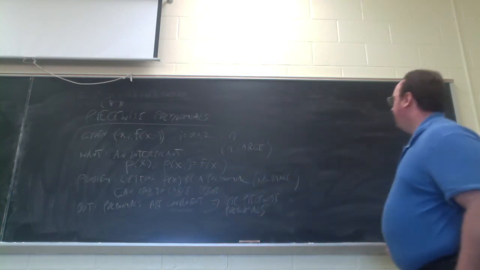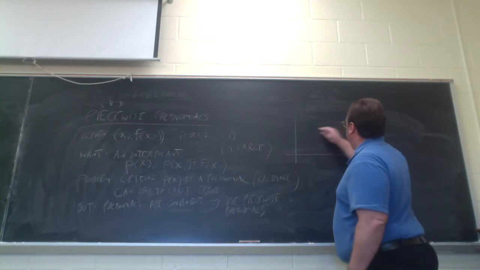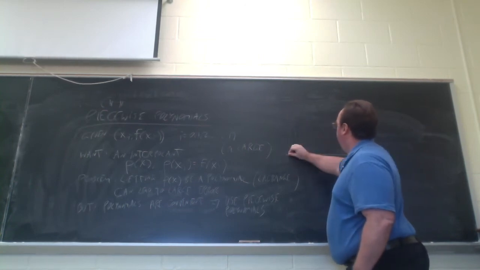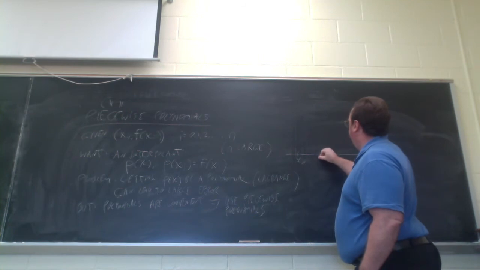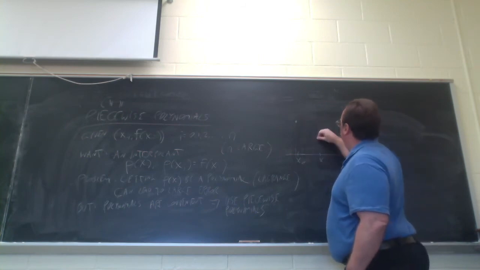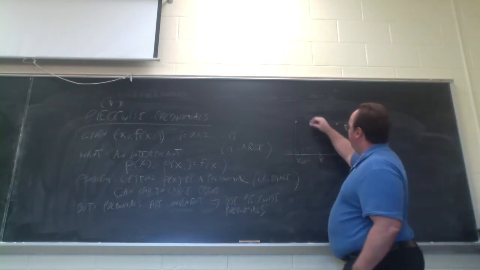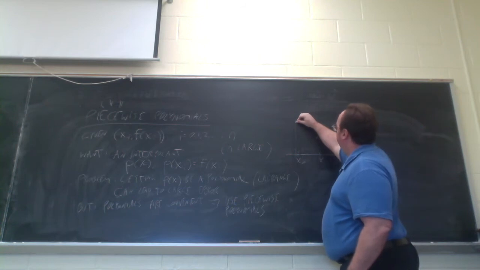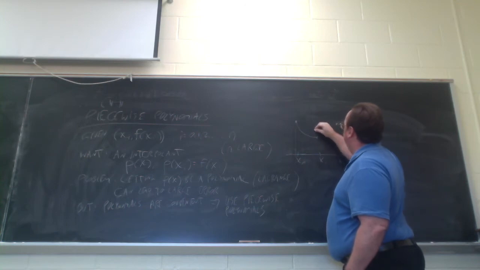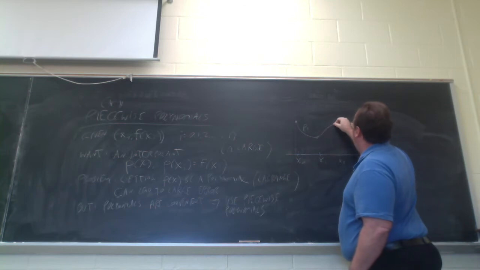So the idea is, here are your points, here's your data, that you could find some polynomial of low degree, so this would be like P1, and then you have a different polynomial, and so on.